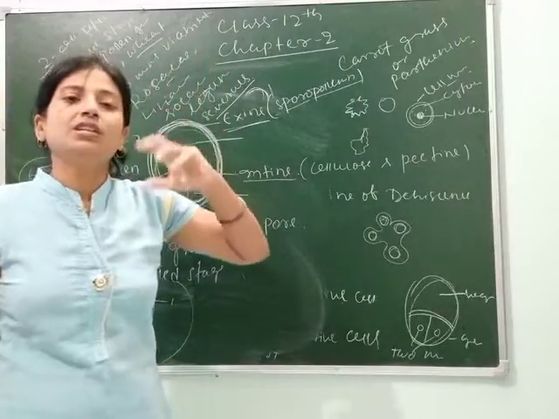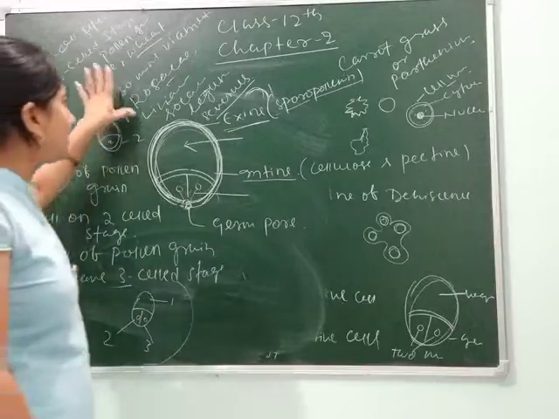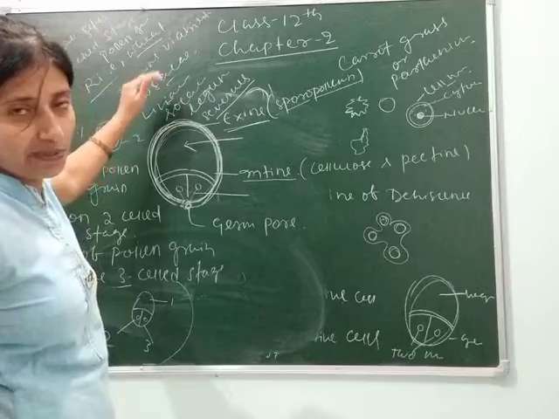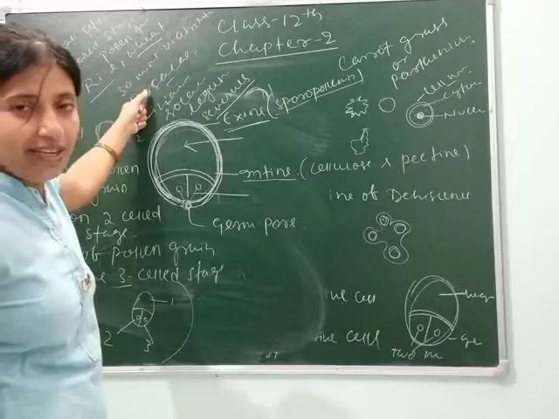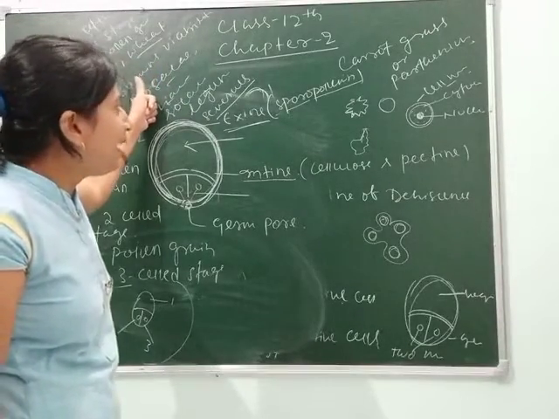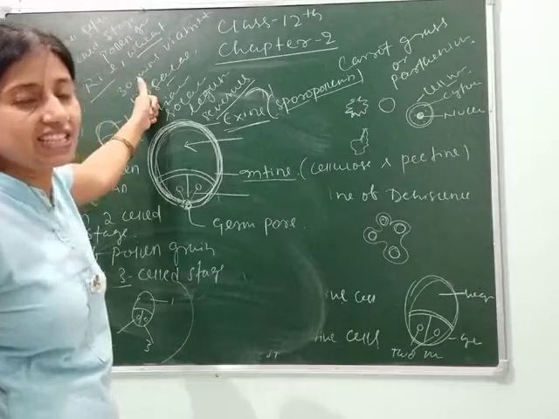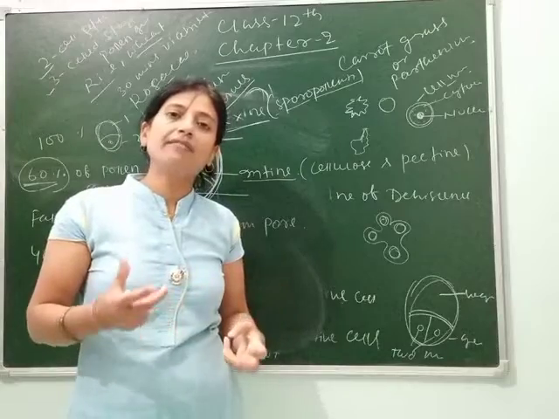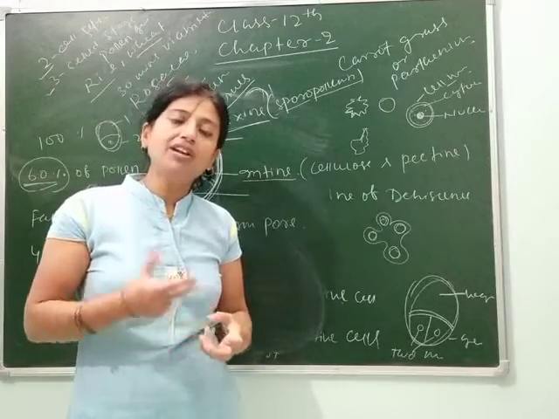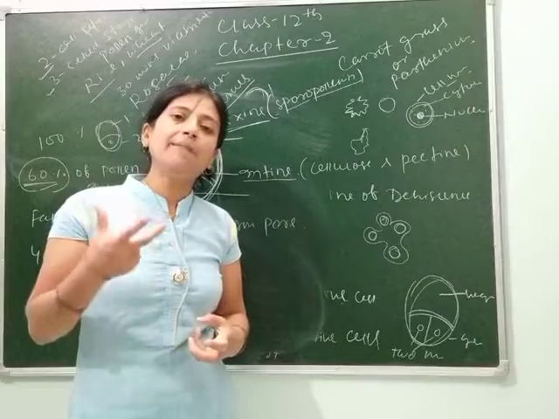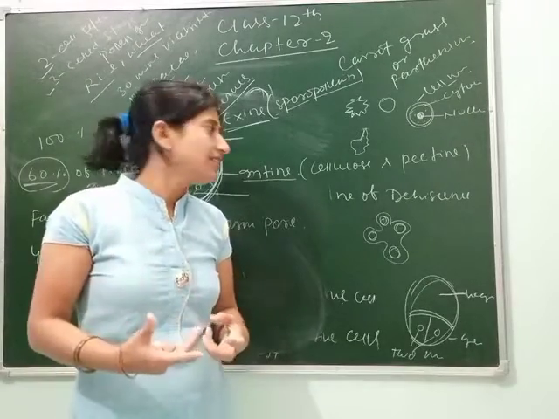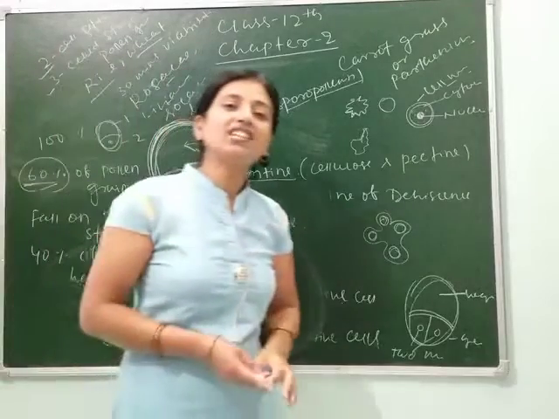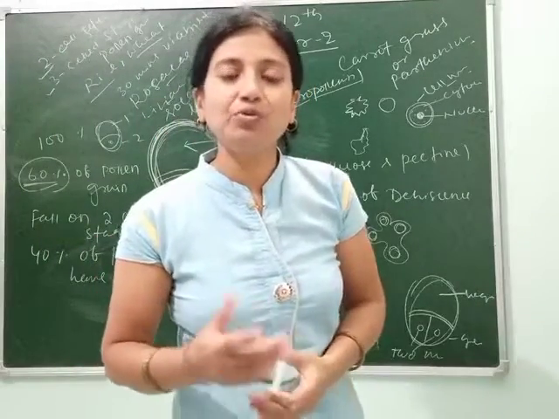Here I have told you some species of families Rosaceae, Liliaceae, Solanaceae, Leguminaceae. The pollen grains of the species of these families have viability of several years. Means after releasing, the pollen grains will not lose their viability very soon. They have a long viability to retain the male gametes for fertilization. So sometimes pollen grains are stored for a long time period for future use.